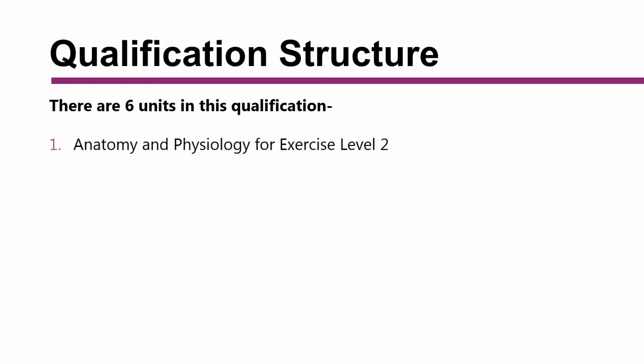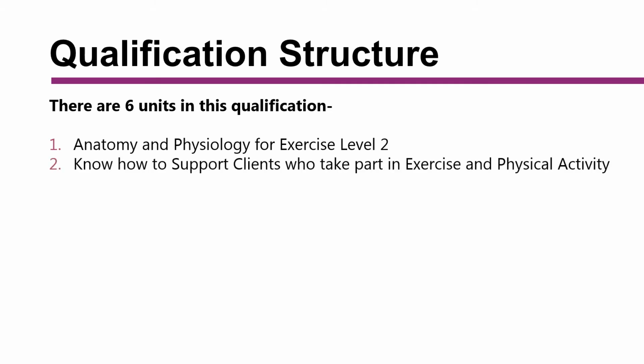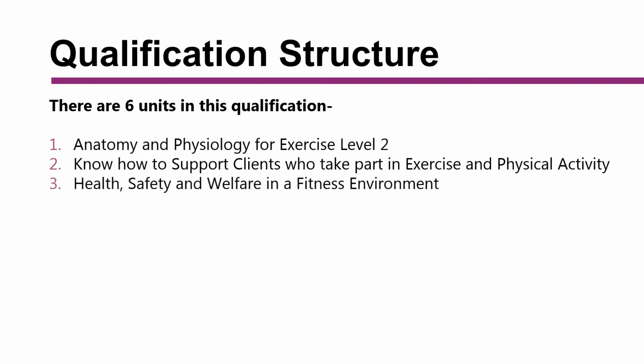So let's have a look at the qualification structure. There are 6 units within this qualification. Unit 1 covers anatomy and physiology for exercise, and this is at level 2. Unit 2 is entitled Know How to Support Clients Who Take Part in Exercise and Physical Activity. Unit 3 is entitled Health, Safety and Welfare in a Fitness Environment.